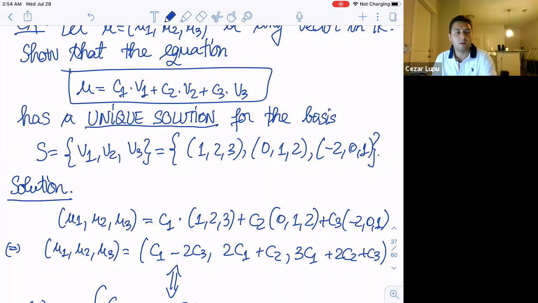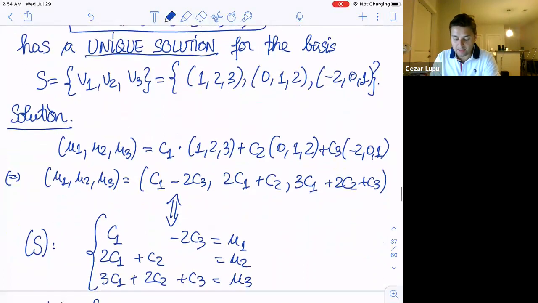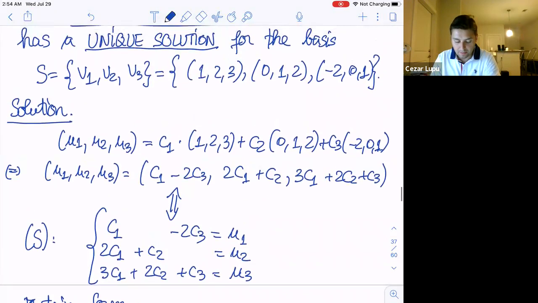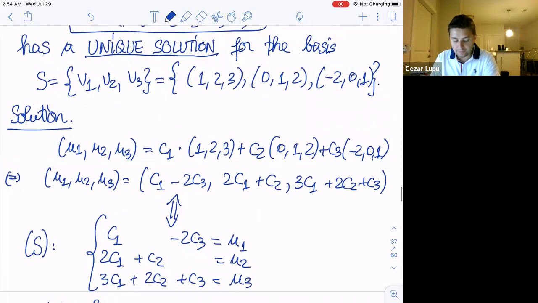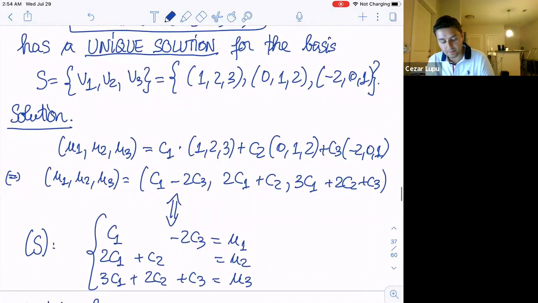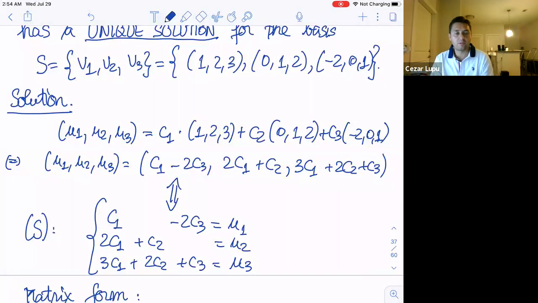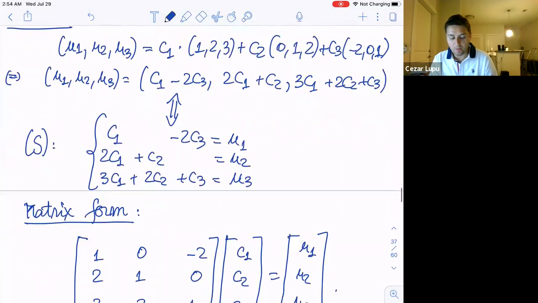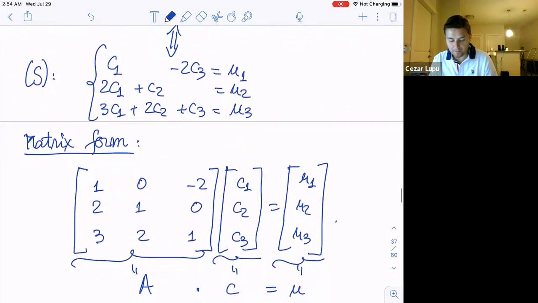Once we know who v1, v2, v3 are, we just plug them in, and at some point you'll get a 3 by 3 system, this time with u1, u2, u3, and then we can write the system in matrix form.